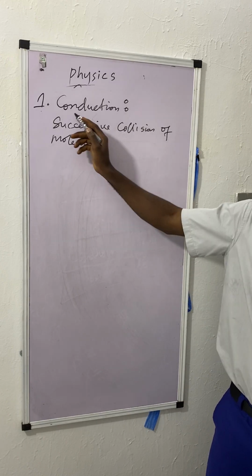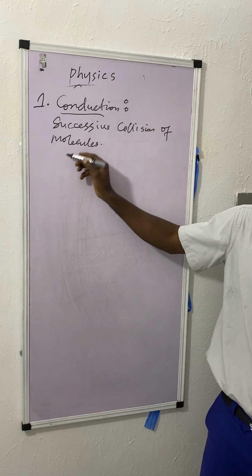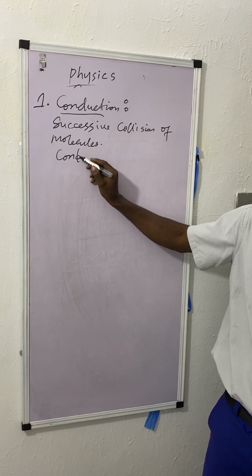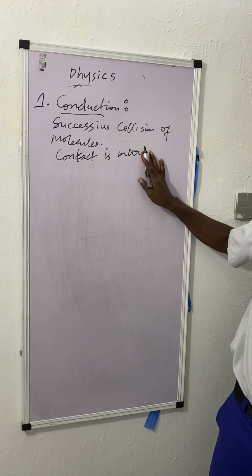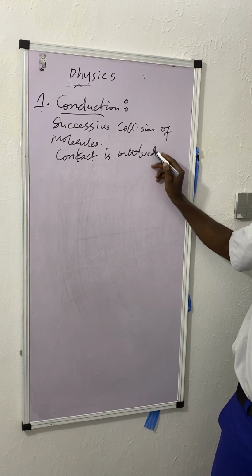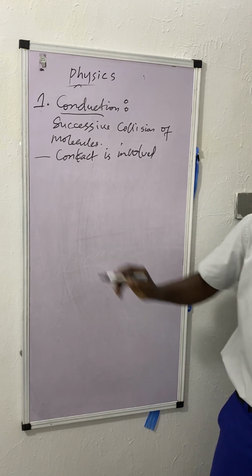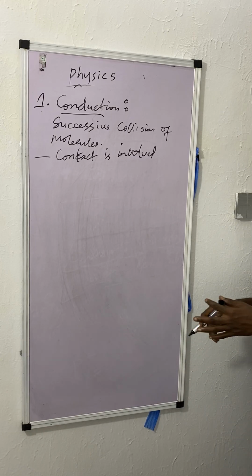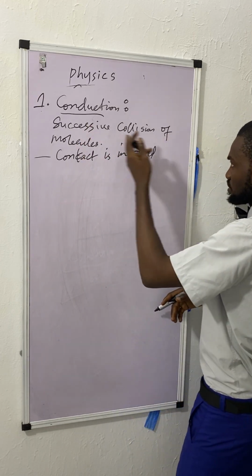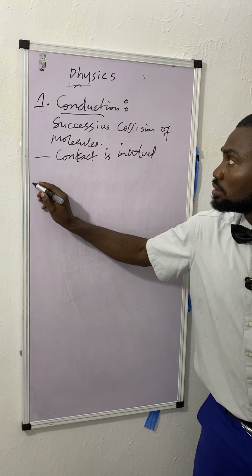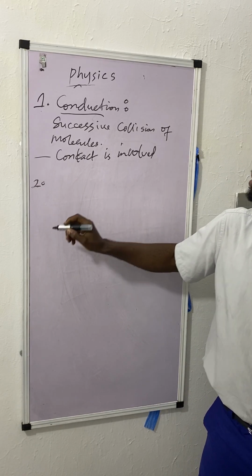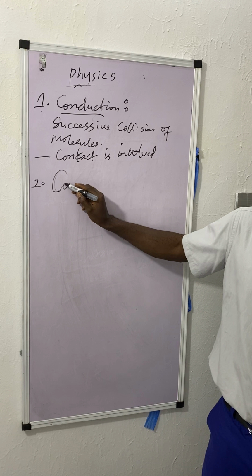Just know that anytime you see conduction, two surfaces are in contact. Contact is involved. Remember the conductors, why they are called conductors of heat and electricity. There must be contact, with successive collision of molecules. Let's look at the second method of heat transfer, number two, which is convection.